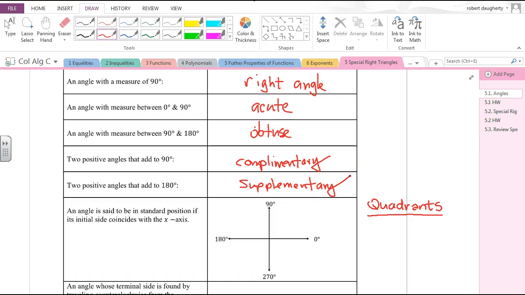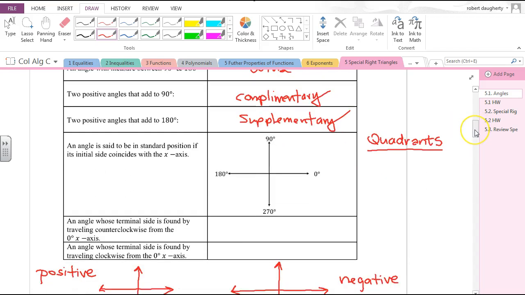An angle is said to be in standard position if its initial side coincides with the x-axis, okay? So when we draw an angle, we have an initial side. This is going to be our initial side. So it's in standard position if that's the initial side of my angle.